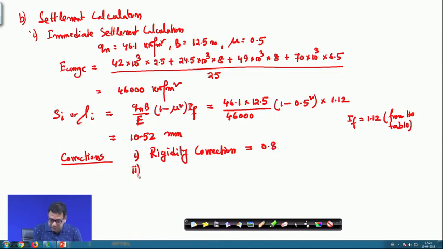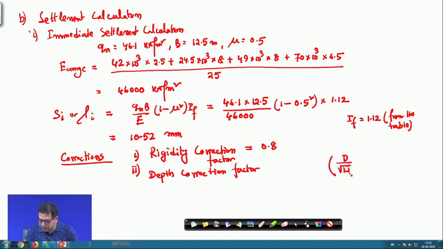And the second correction factor is the depth correction factor, where the value is d by root over L into B. So, d is 1.5 meter, then root over 12.5 meter cross 12.5 meter.